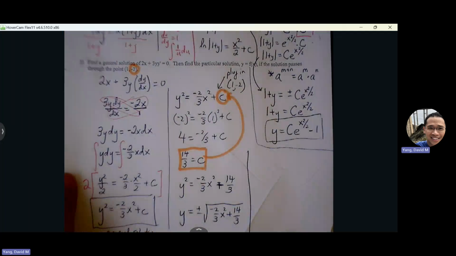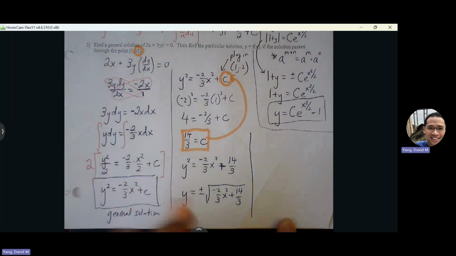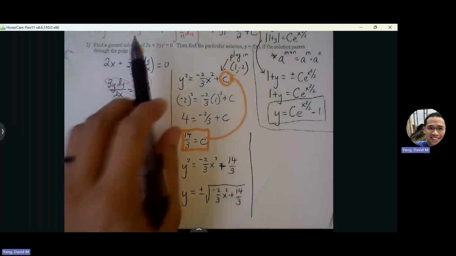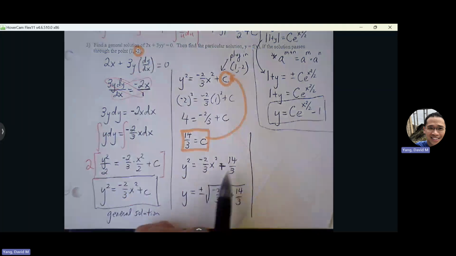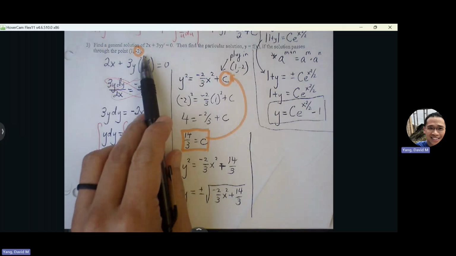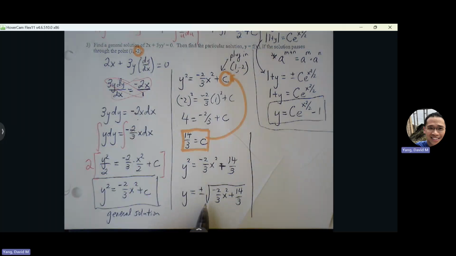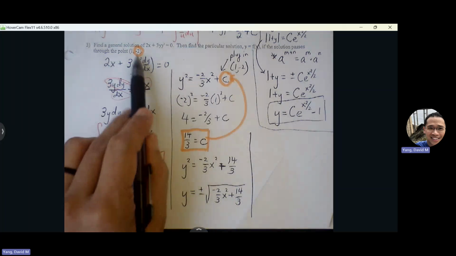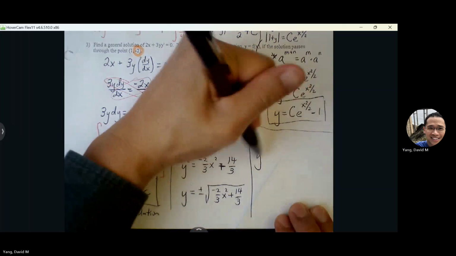Whatever the sign of the Y value is, that is the sign you want to produce that Y value. We want to be able to plug in an X value and get a negative number in return. The only way we can get a negative number in return is if there's a negative sitting outside the square root. So because the Y value is -2, we want to keep the negative square root, because that's the only function that's going to return that ordered pair.